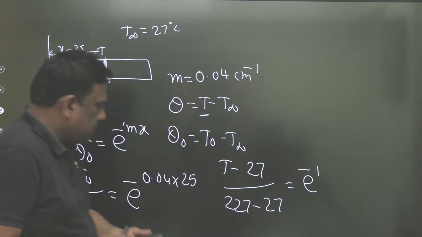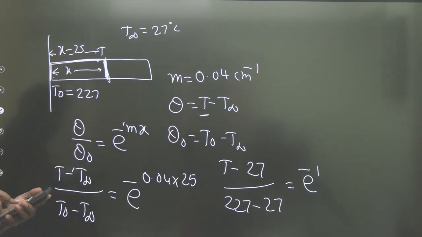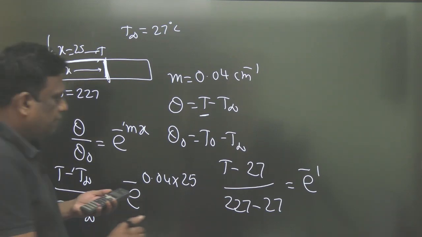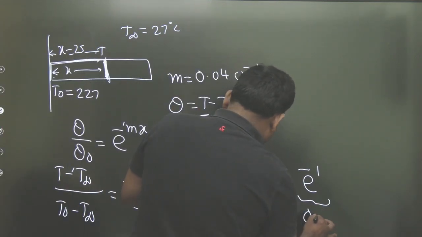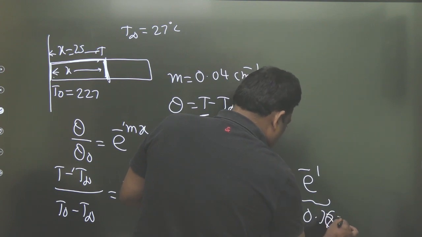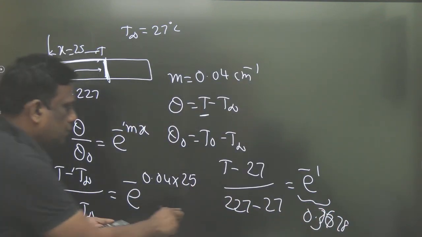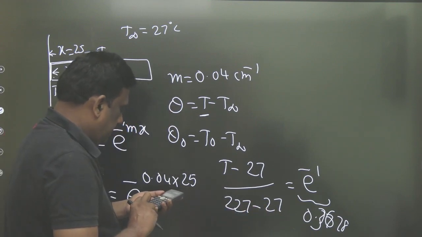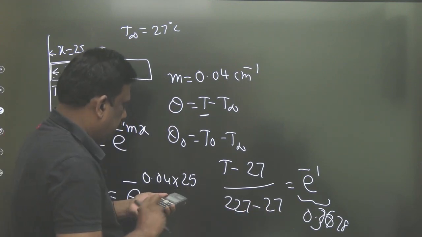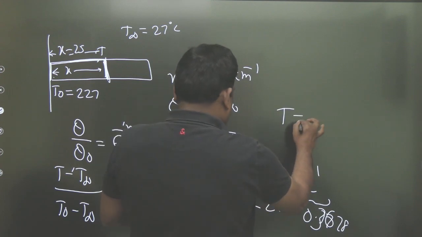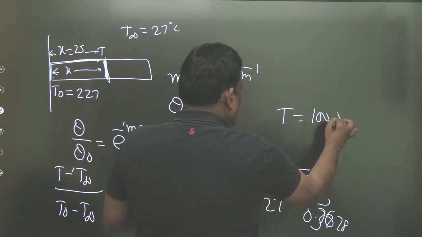Let me calculate this value. This value is 0.3678. 0.3678 into 200, and plus 27. So I'm getting the temperature as 100.5 degrees centigrade.